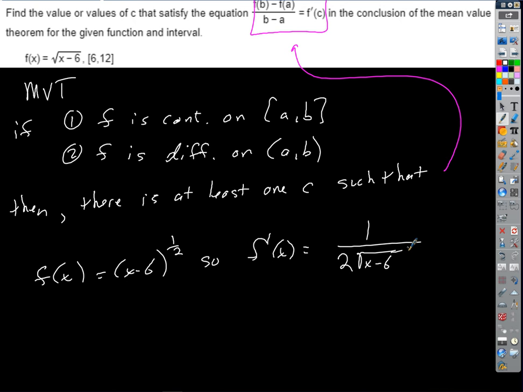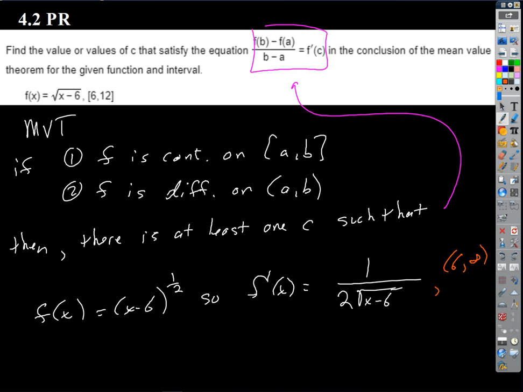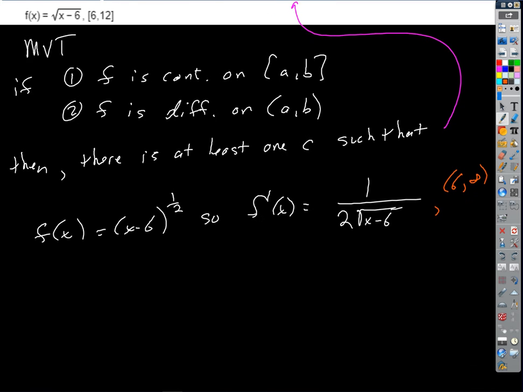The derivative is defined for any value of x greater than 6. I can't use 6 because I get a 0 on the bottom. The domain of the derivative looks like that. So yes, it is differentiable on the open interval because the derivative is continuous on that open interval.